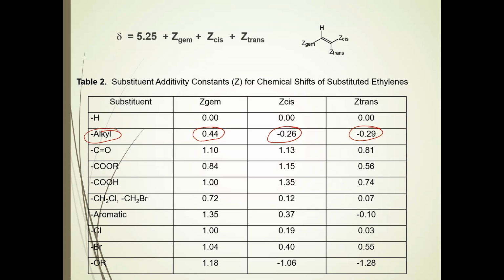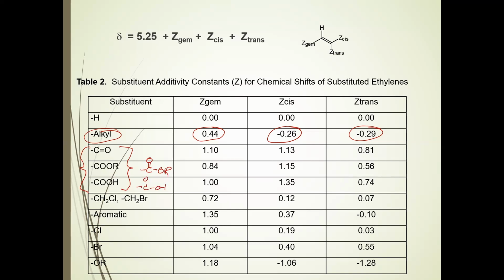Oh, before we do that, let me point out one thing with these 3 groups. Notice all of these are carbonyls. This first one is for aldehydes and ketones. The second one, if you expand that, COOR is this. This is esters. And then this one is for carboxylic acids. You do have different values for those.